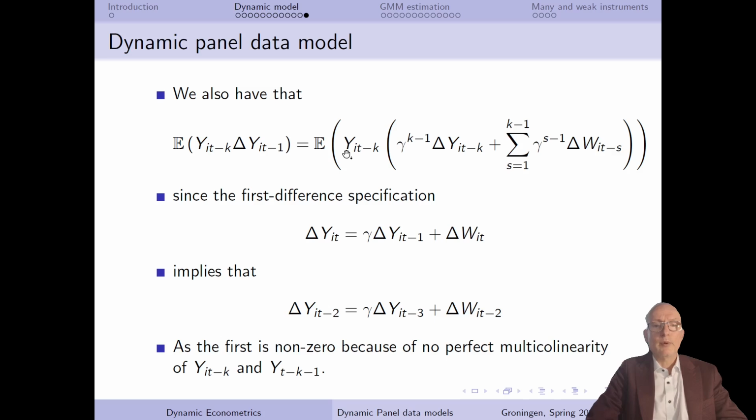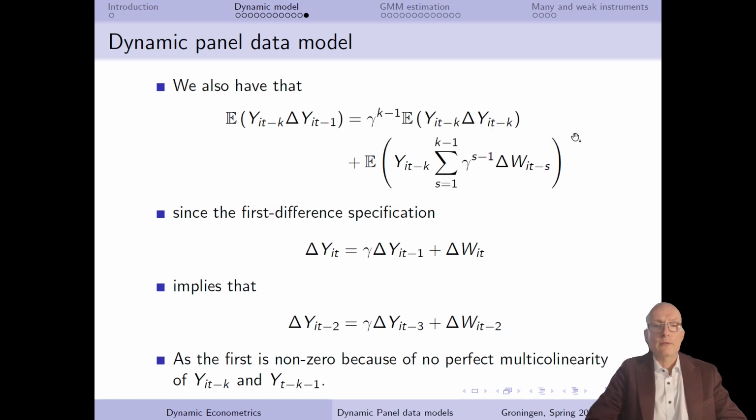We can still rewrite this a bit. What I can do is get rid of the parentheses. Then we get gamma to the power K minus 1 times the mean of YIT minus K and delta YIT minus K plus, of course, the mean of YIT minus K multiplied by this whole sum that we have over here. So then we get these two terms over here.